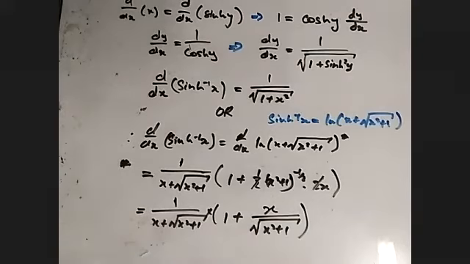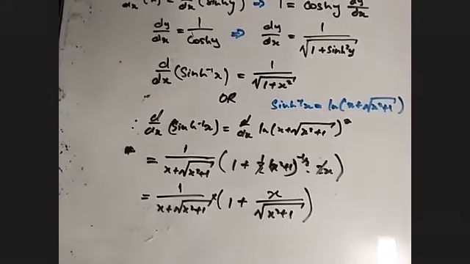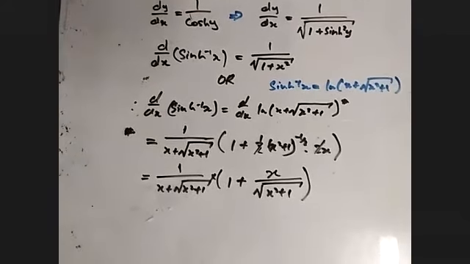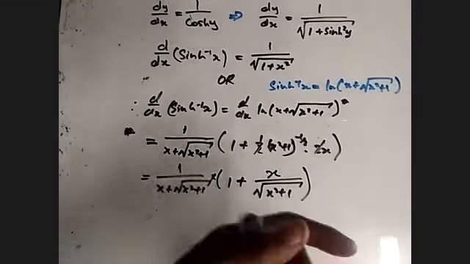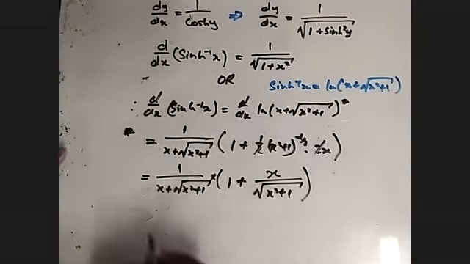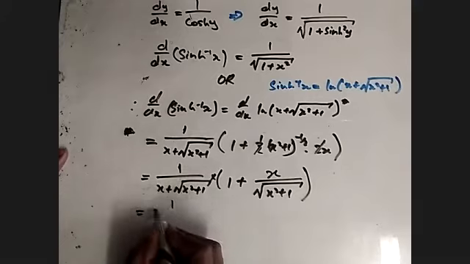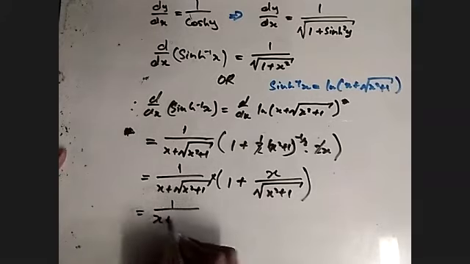Okay. So what's going to happen is I'm going to introduce this denominator using this 1. This part you have seen it already, guys. I'm just doing it because I want to show you that in any way that you used to do this, you're going to get the same solution. So this is going to be equal to 1 over x plus the square root of x squared plus 1.